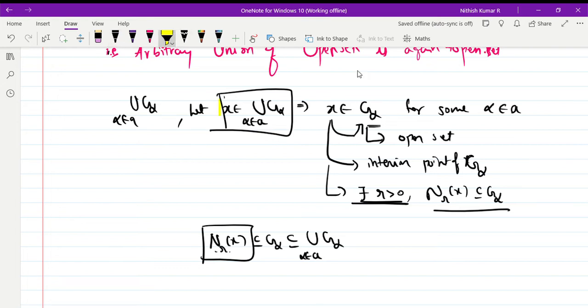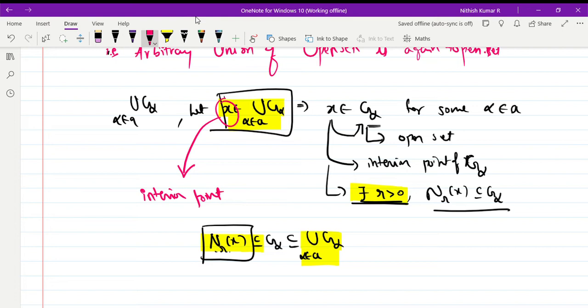That is, x belongs to the union implies there exists r greater than 0 such that N_r(x) is contained in the union of G alpha. Therefore, x is an interior point.